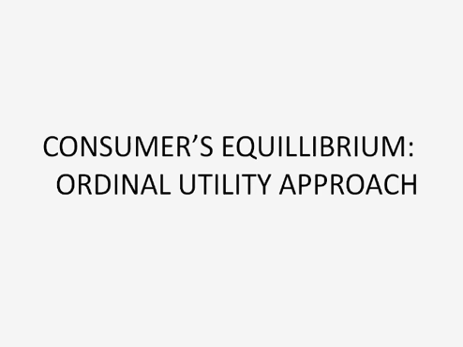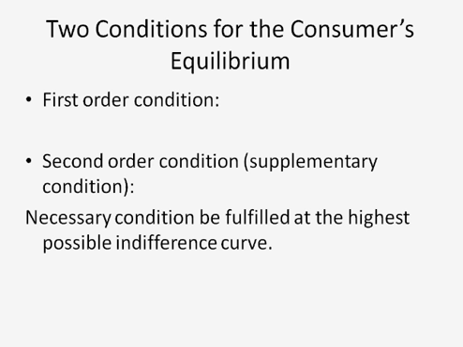Now, after understanding the indifference curve, we'll move to understand how the consumer reaches his equilibrium point under the ordinal utility approach. Under the ordinal utility approach, there are two conditions for the consumer to reach equilibrium.